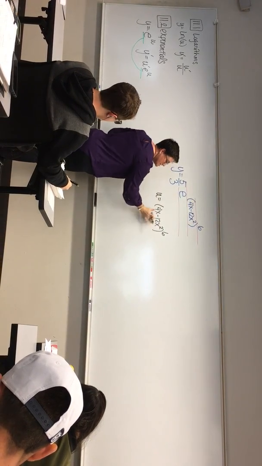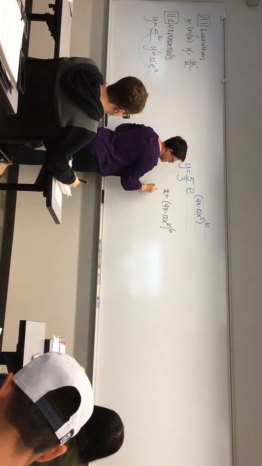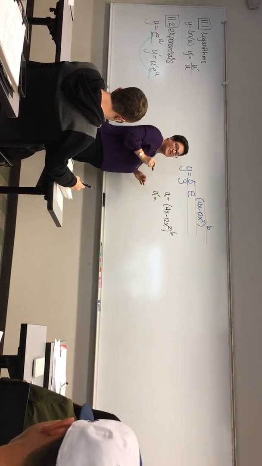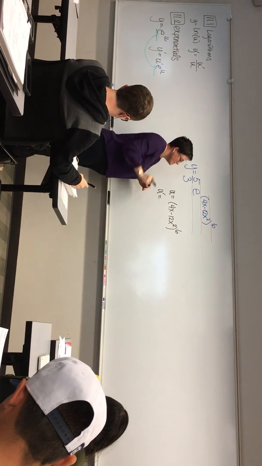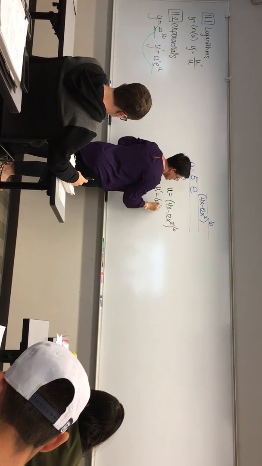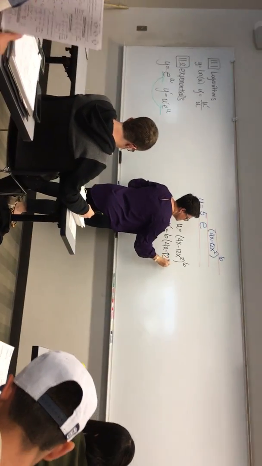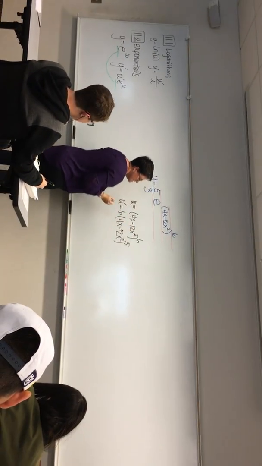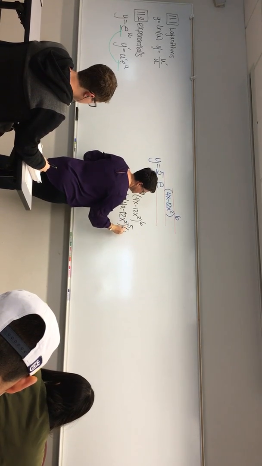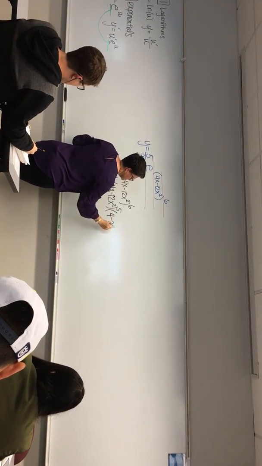What do we use to do this? You're gonna use the chain rule or the power rule? Chain power, d out, d in. So d out, 6 junk to the 5th. That's d out. What's d in? 4 minus 24x.